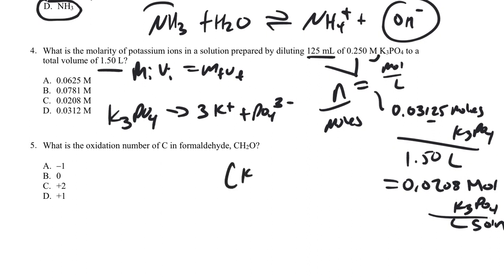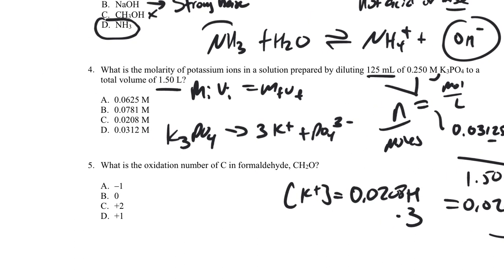The concentration of K plus would be 0.0208 M times 3. So if we have 0.0208 moles of K3PO4, we have 3 times that in moles of K plus. So that's going to end up being 0.0625. Let me multiply by 3. Yep, 0.0625.